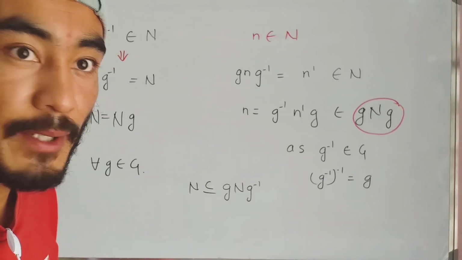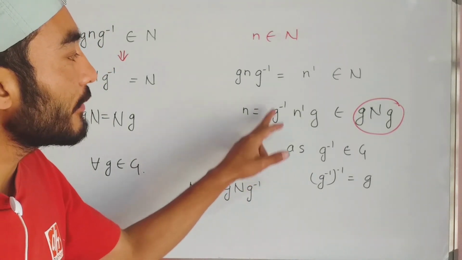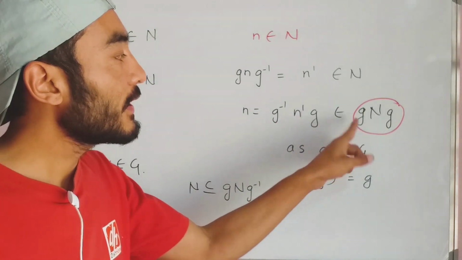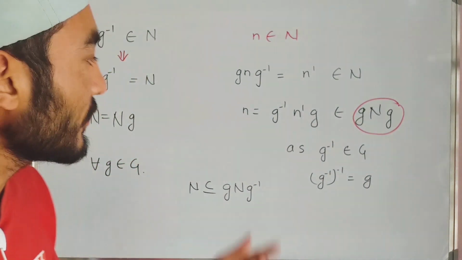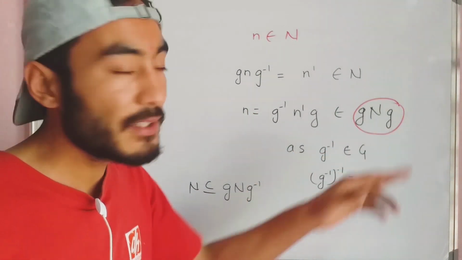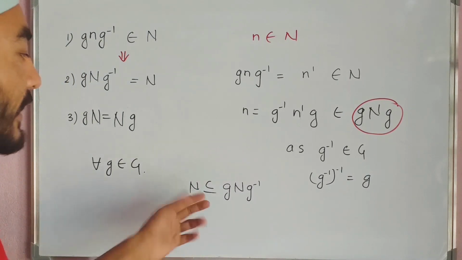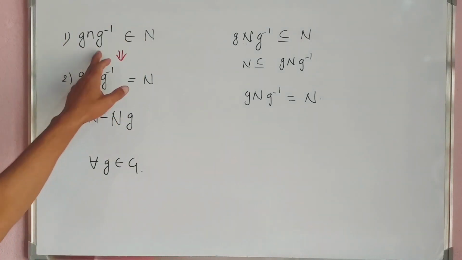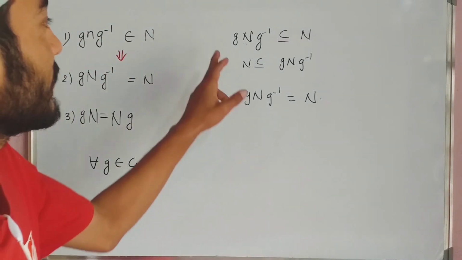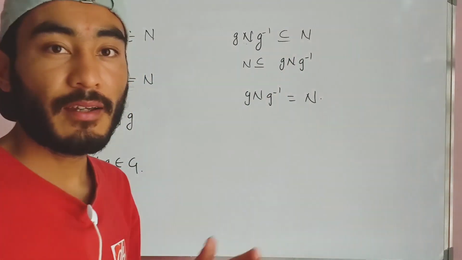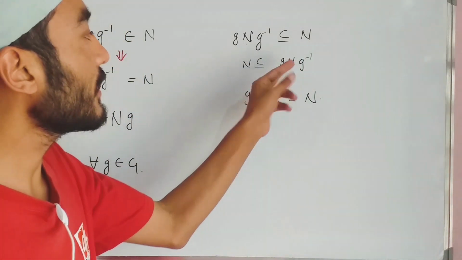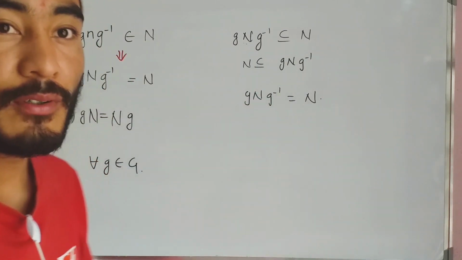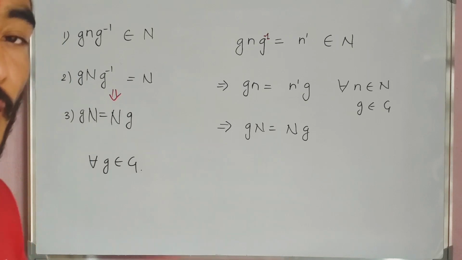Then after simplification we get n = g^-1n'g, and clearly g^-1n'g belongs to the set g^-1Ng, and this shows n belongs to the set g^-1Ng, and we have N is a subset of gNg^-1. Also from first, gng^-1 belongs to N implies that gNg^-1 is a subset of N, and we just proved that N is a subset of gNg^-1. So we have gNg^-1 = N. So first implies second.